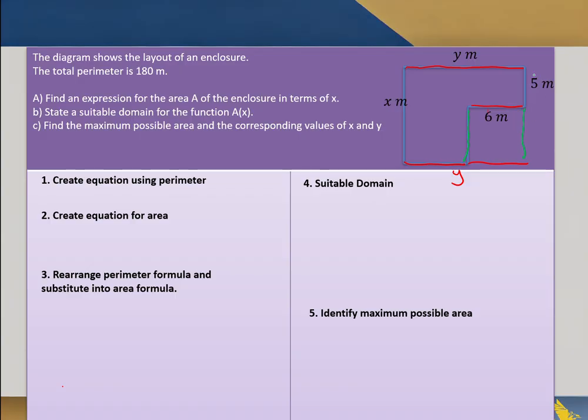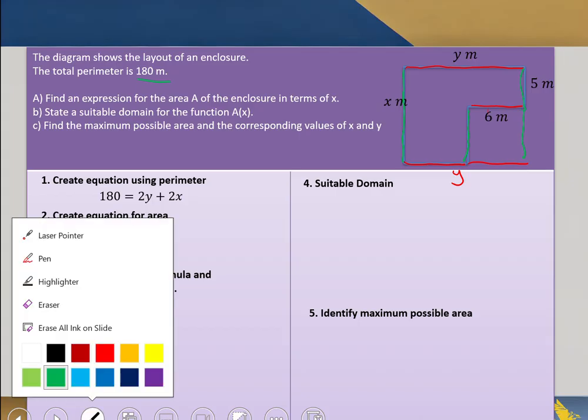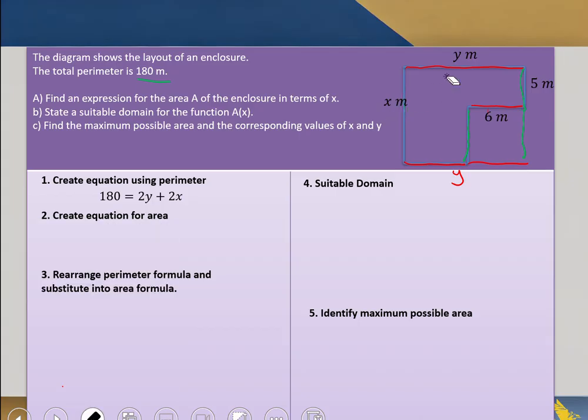So I know this whole side here can be the same as x. So that gives me 2x plus 2y is my total perimeter of 180. That's my first formula. I'll just erase those lines so I've got space.